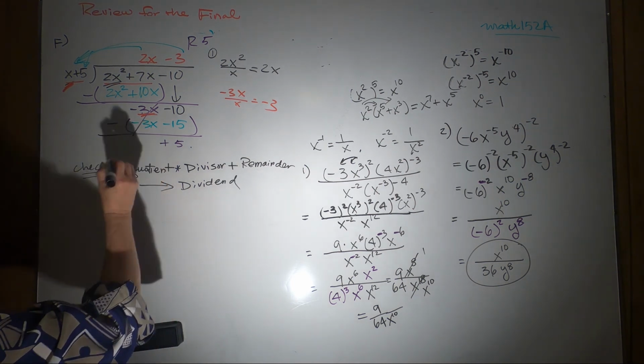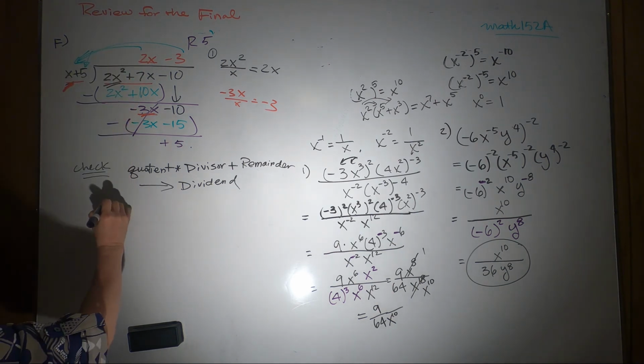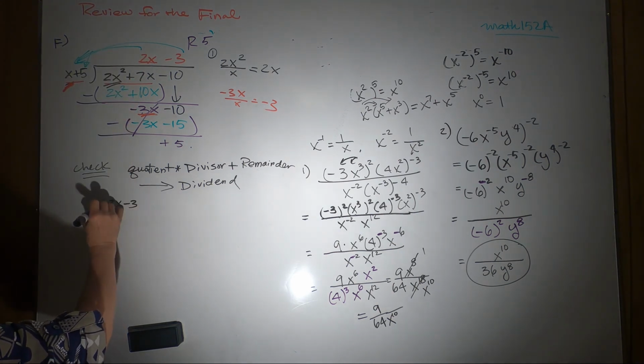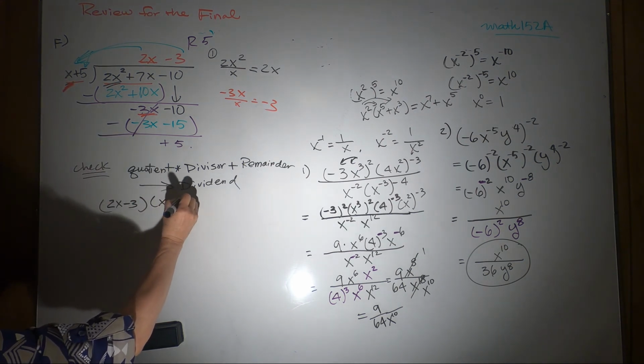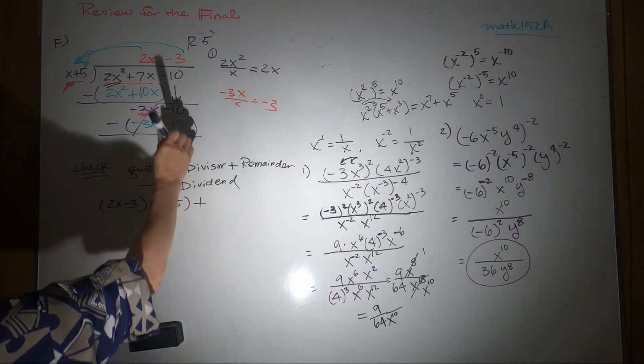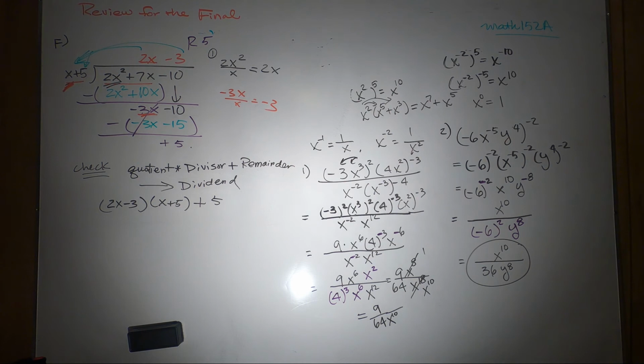Quotient, I was wondering how to spell. Okay. All right, so the result is 2x minus 3 times the divisor, x plus 5. Then if we add the remainder 5, let's see if we can go back to the original question, the dividend, right?